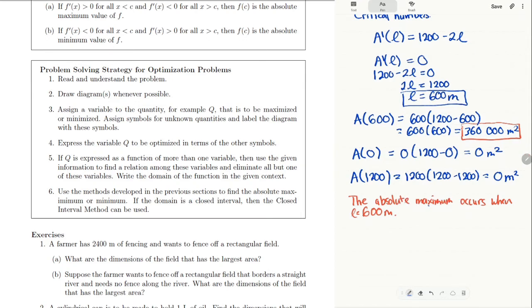So now that we have the length of the fence, we can also determine the width. We know that the width is 1200 minus the length, and that is from our perimeter equation. And so we have that the width is 1200 minus 600, which gives us 600 meters.